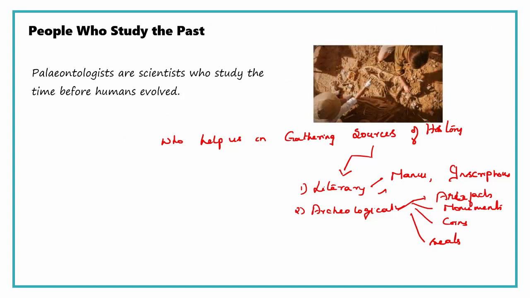See here, what is seen in the picture? Skeleton of some animal. So one type of people are paleontologists.